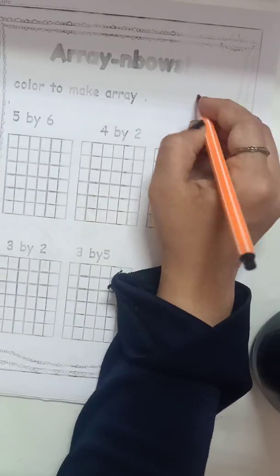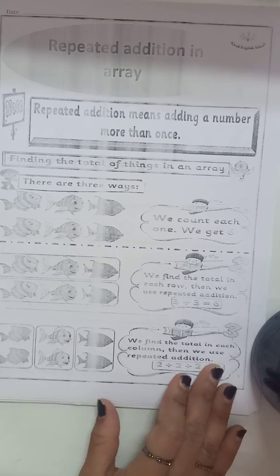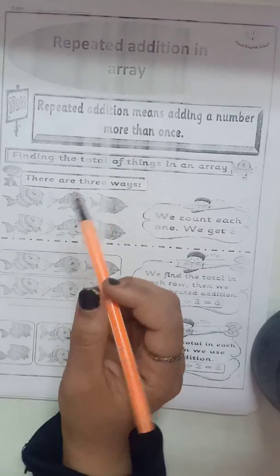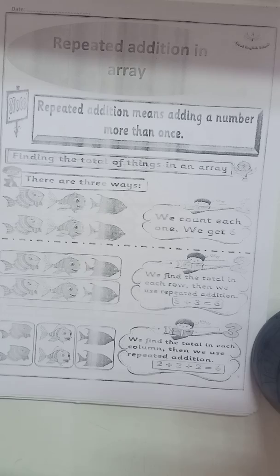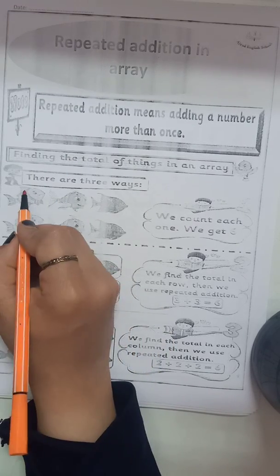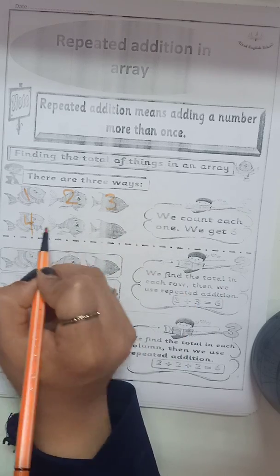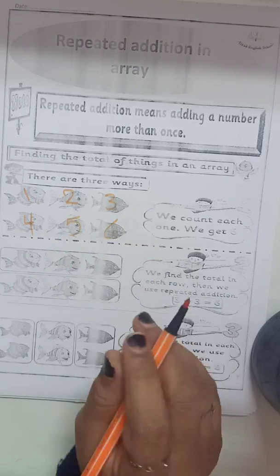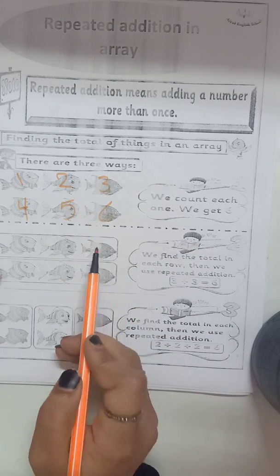Okay, the next one for you. If we ask you how many fish in any group, please count with me. In Junior 1, we count how? 1, 2, 3, 4, 5, 6. But now we have how many rows? 1, 2.